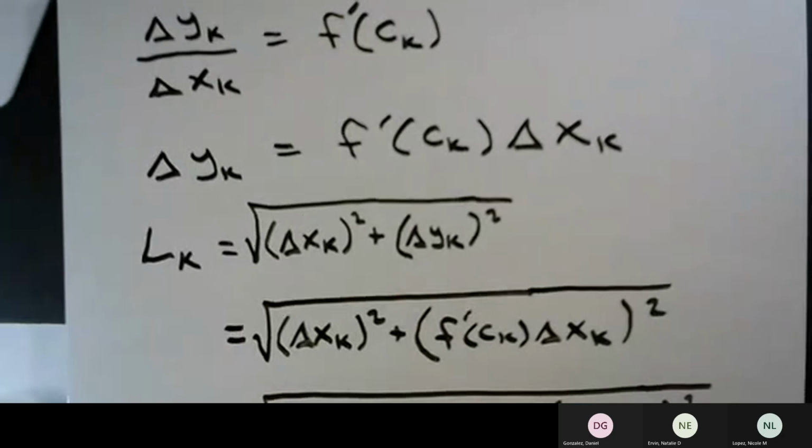So let's take a look at an example. Let's say we have f of x equal to x cubed over 12 plus 1 over x.